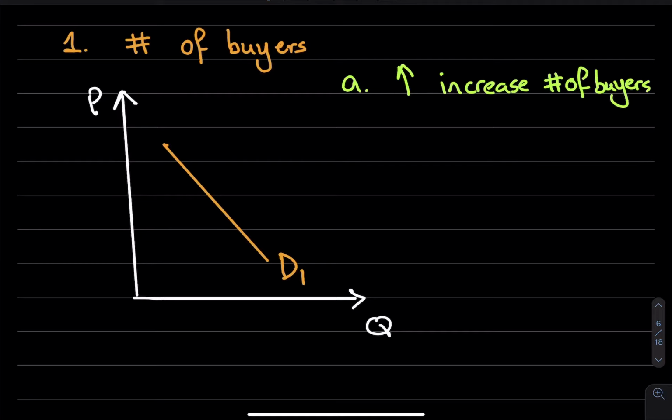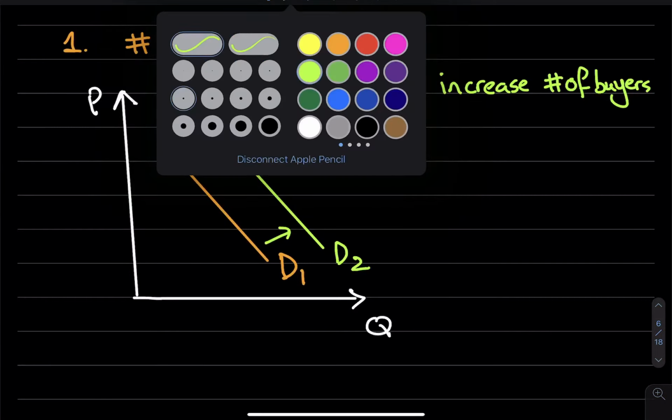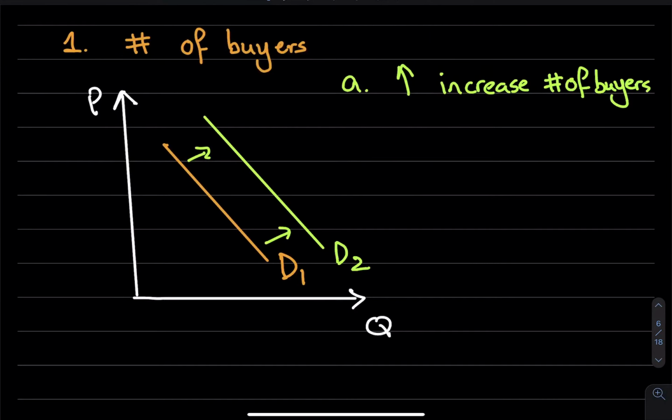An increase in the number of buyers would be represented by a shift from D1 to D2. So if you take any price point, let's pick this price. Let's say price equals $5. At $5, demand is determined on the original demand curve.